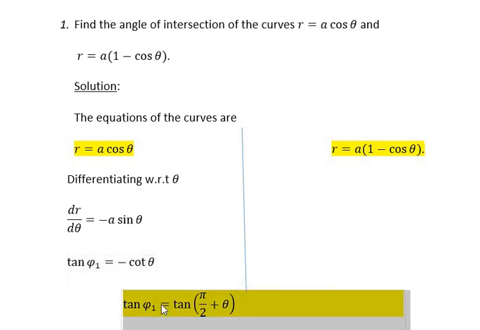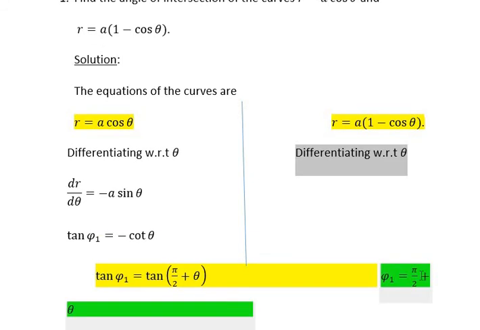Then tan phi 1 can be written as tan of pi by 2 plus theta, since minus cot theta is equal to tan of pi by 2 plus theta. Then phi 1 will be pi by 2 plus theta we will get.